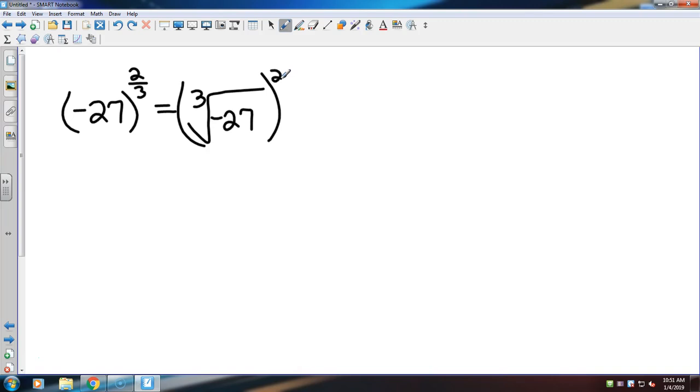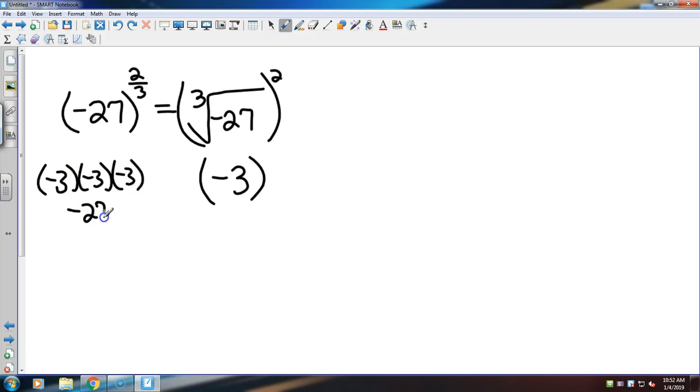So the cubed root of negative 27 is going to be negative 3. And that's because negative 3 times negative 3 times negative 3 equals negative 27. Now we take the square of that, or to a power of 2, excuse me, and negative 3 times negative 3 gives us an answer of positive 9.